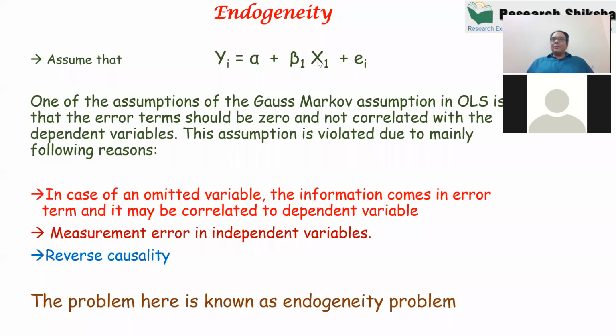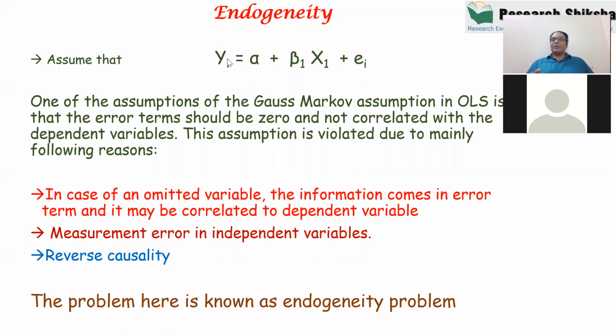But the problem is that due to many reasons, due to many possibilities, this error term is found to have correlation with the dependent variable.